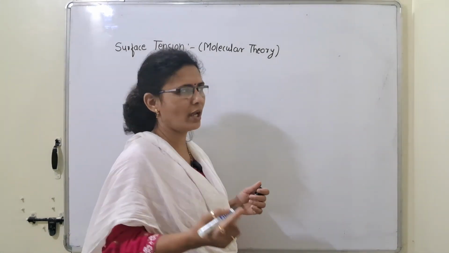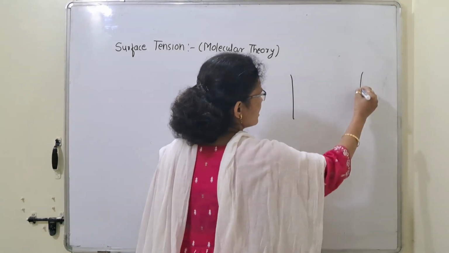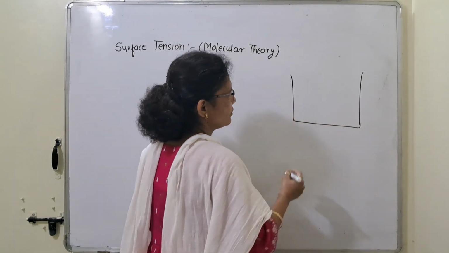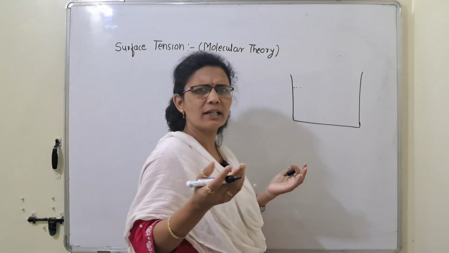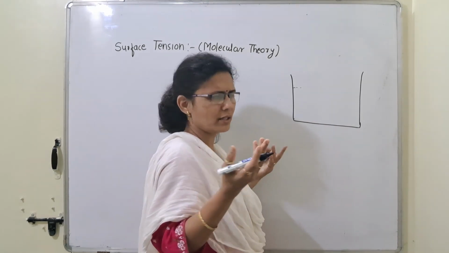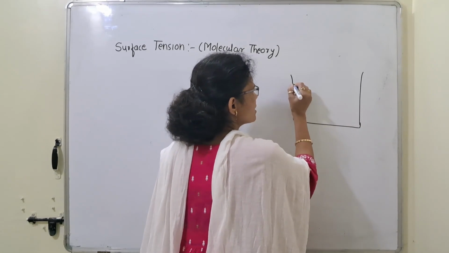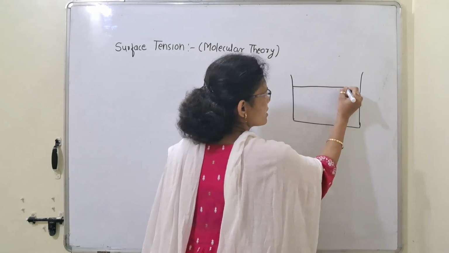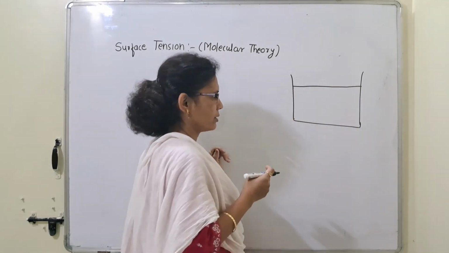For this derivation, we have to consider one container which contains liquid, and let us consider that the liquid is water. Here we have to consider 3 molecules from this liquid or from this water.